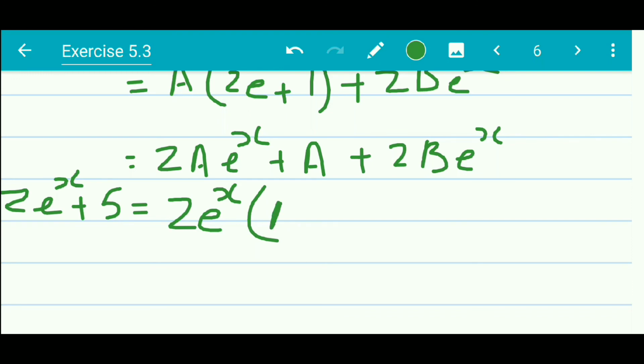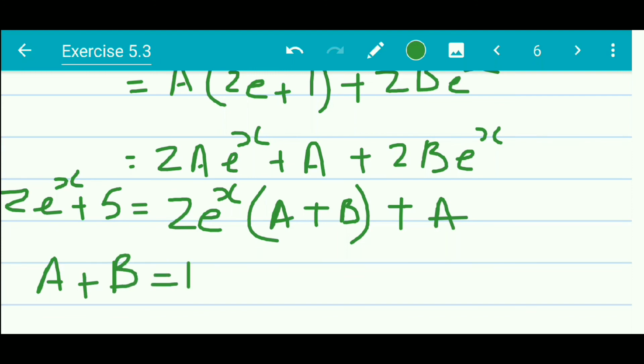In the bracket we get a plus b plus a. So upon looking at the LHS and the RHS, we find that a plus b becomes 1 because taking the 2 e raised to x containing terms, we get a plus b is equal to 1. And similarly, we get a is equal to 5 directly.